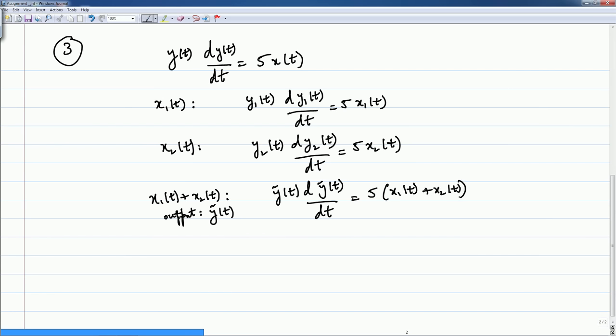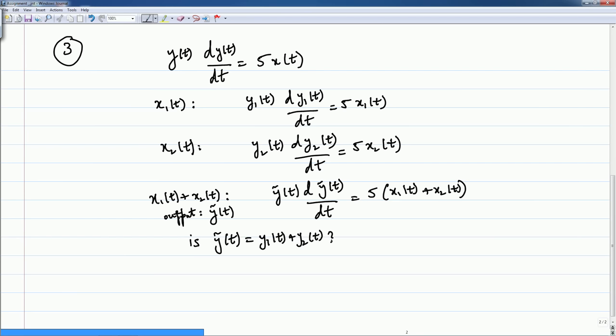If the input is x1 of t plus x2 of t and the output is y tilde of t, then they satisfy this equation. So, if you put in, instead of x of t, x1 of t plus x2 of t, and instead of y of t, y tilde of t, you should be able to satisfy this equation. So, now the question is: is y tilde of t equal to y1 of t plus y2 of t? That is the question we are asking.